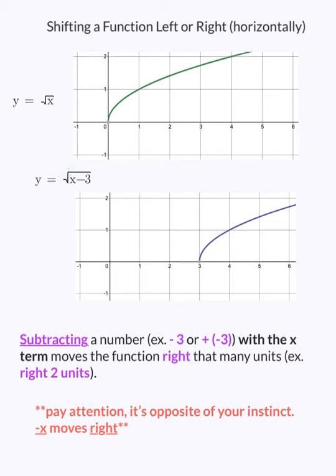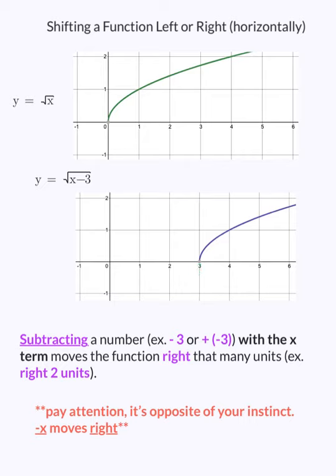If I have a parent function, which for this one I chose y equals the square root of x, then y equals the square root of x minus 3 moves my function 3 units to the right. So instead of 0, 0, now it has 3, 0.